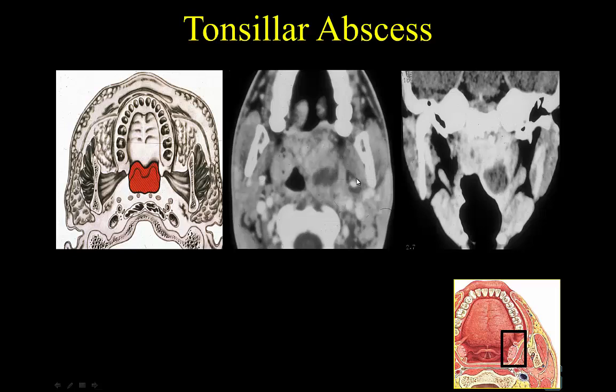So anything that involved the parapharyngeal space or the tonsil or the soft palate would be quote-unquote peritonsillar. But in actuality, our referring physicians tell us that if it's actually within the capsule of the tonsil, then that's what they refer to as a peritonsillar abscess. So radiologically, I'll call this a tonsillar abscess, but clinically, this is oftentimes referred to as a peritonsillar abscess.